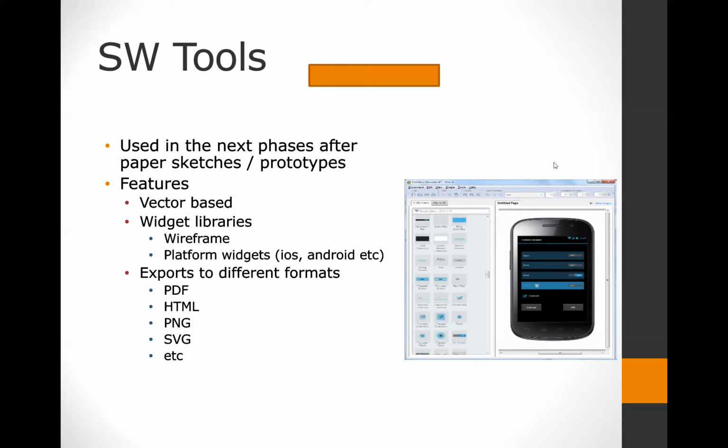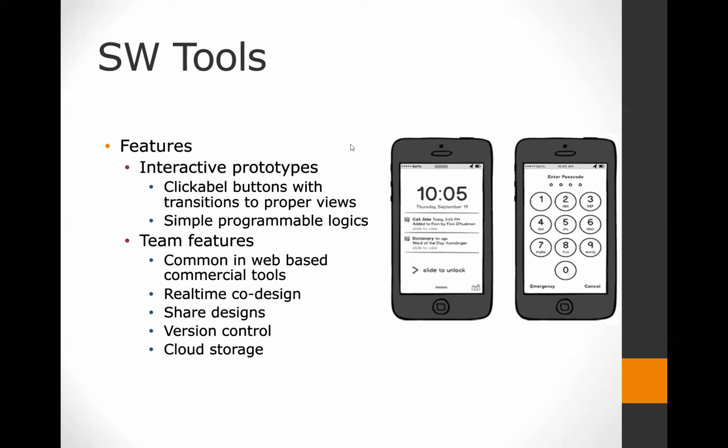Then most of the tools have some kind of interactive prototypes at the minimum. They are clickable buttons which change the view. So what it means is that when you start something called preview mode, the application would display only this on the screen.